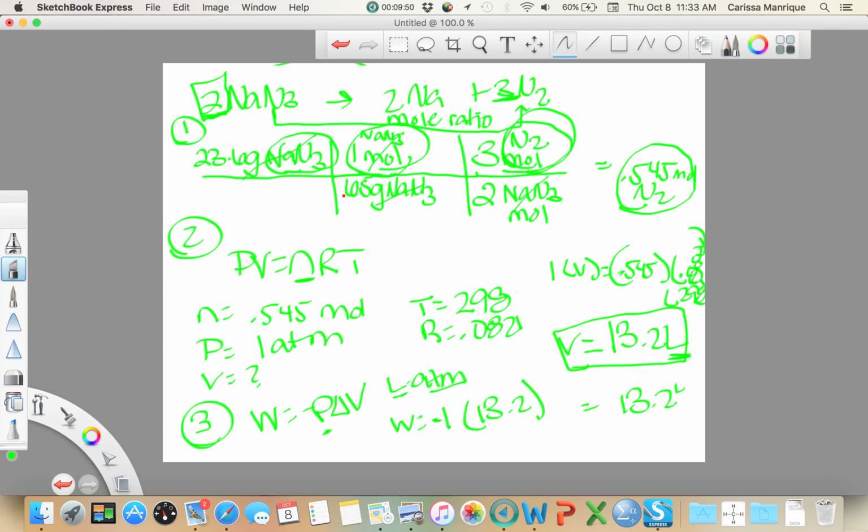13.2 liter atmospheres. Well, we want joules, and so what we're going to do is multiply it by 101.3. 1 liter atmosphere equals 101.3 joules. So then we're going to do 13.2 liter atmospheres times 101.3 joules per 1 liter atmosphere.